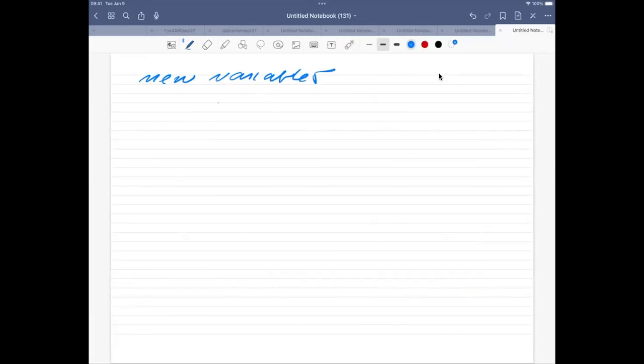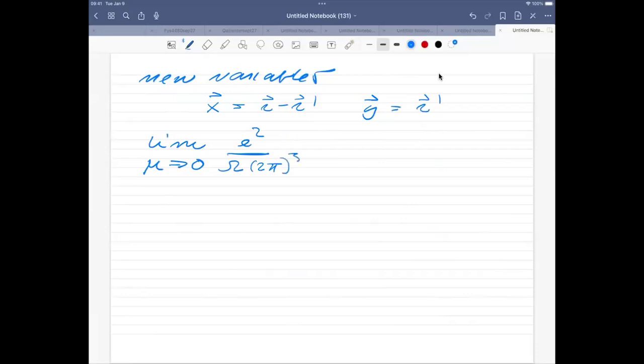In this case, we're going to introduce an x, which is just r minus r prime, and then I'm going to introduce a y, which is simply r prime. Then I can rewrite my integral. So now what I'm going to calculate is the limit as mu goes to 0, and then I have to evaluate e squared divided by the volume, and then I have a 2 pi cubed.